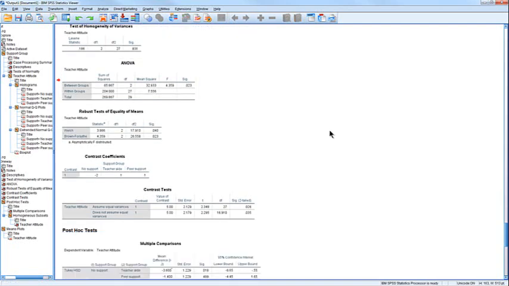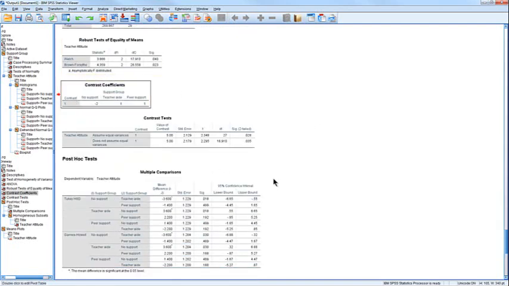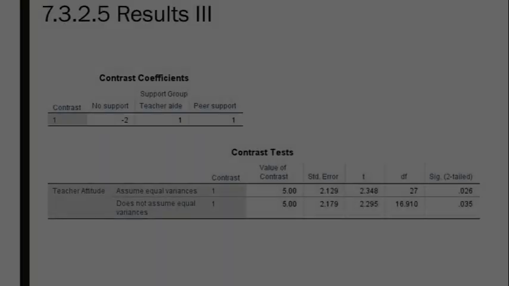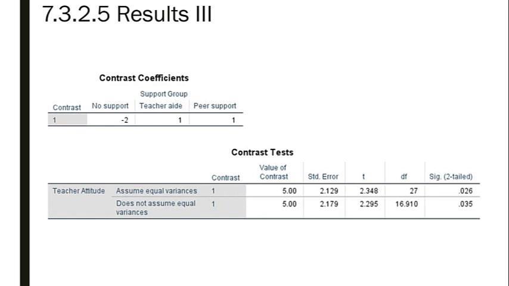Which means we can move on to the contrast coefficients and the contrast tests for the planned contrast. So here are those two tables.